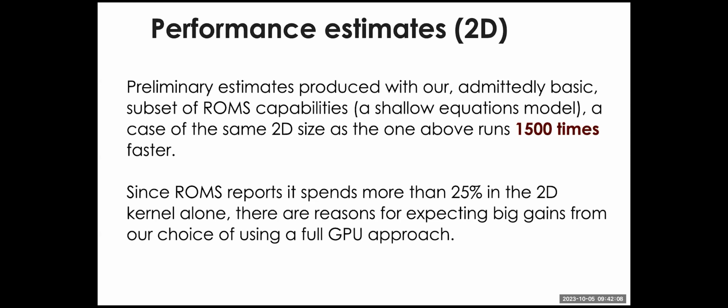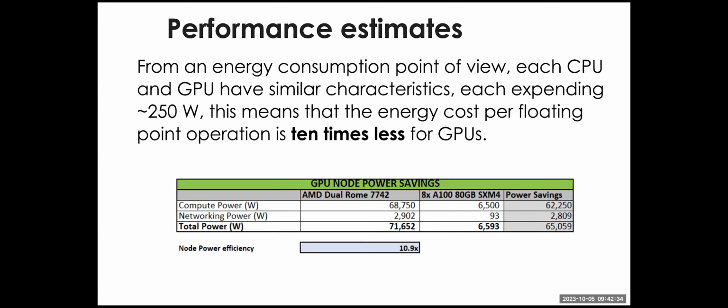I'm talking about one CPU only, so not really using MPI. So ROMS reports that it spends more than 25% in that 2D kernel alone. We are talking about our GPU model running hundreds of times faster than the CPU model. So we should expect big gains from our choice of using a full GPU approach.